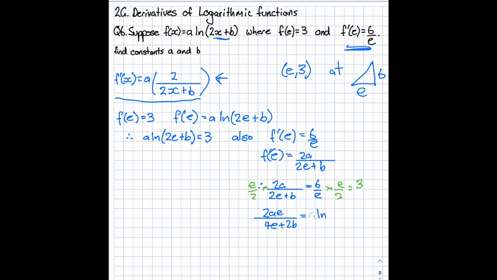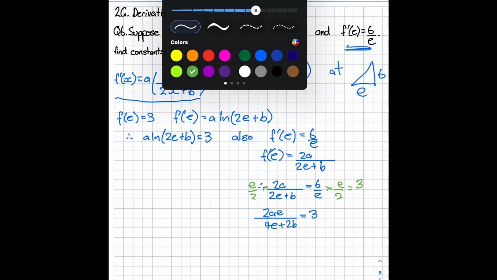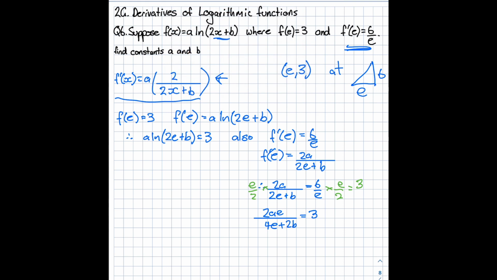I'll do it in steps. I'm worried I'm going to jump too far. So this would equal 3, and therefore this and this are equal because they both equal 3.